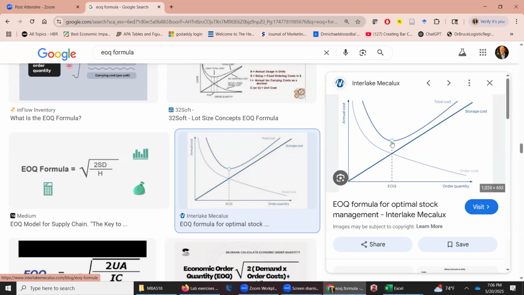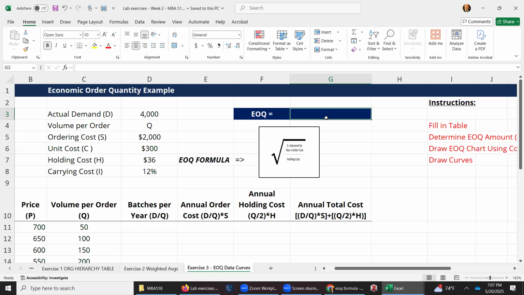If you were to print this, which you wouldn't, and take a ruler parallel to the edge of the paper, you would draw a line down and go, oh, okay, so that's the number of units I need to order every time, because I've taken the minimum of this total cost curve, which corresponds to where these two curves cross. And I've drawn a straight line all the way down perpendicular to this x-axis, and that tells me what that number should equal, right there. Okay.